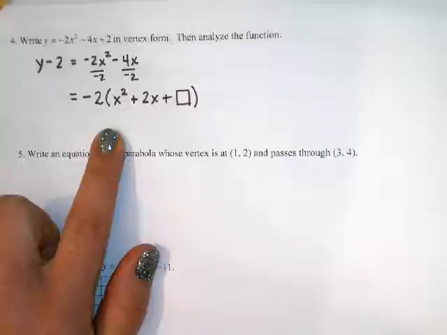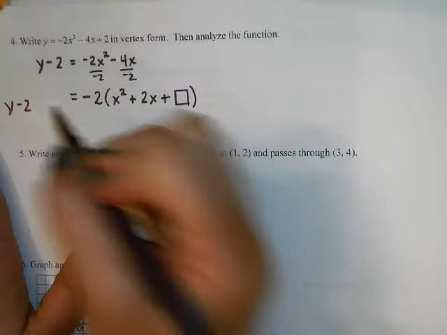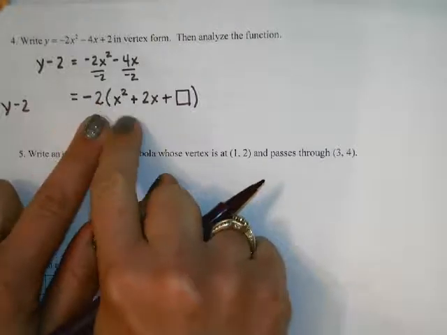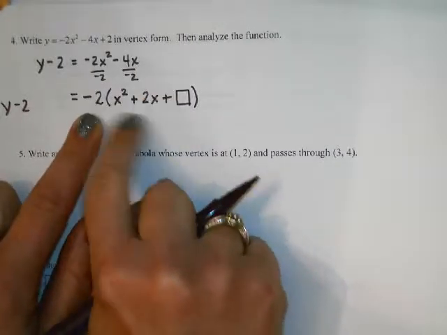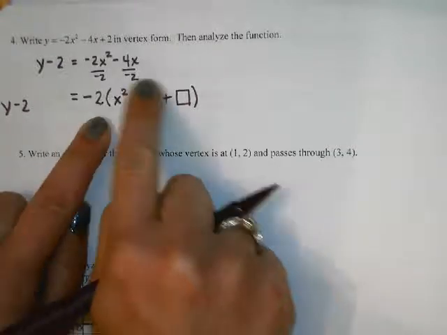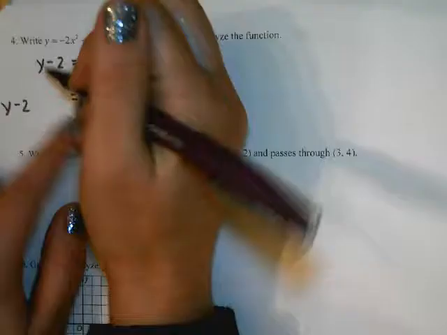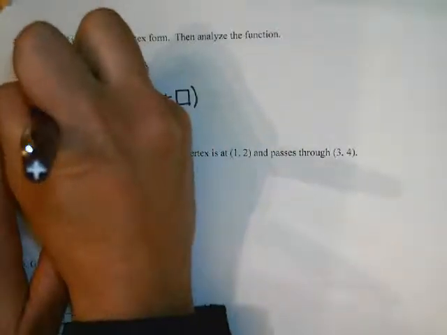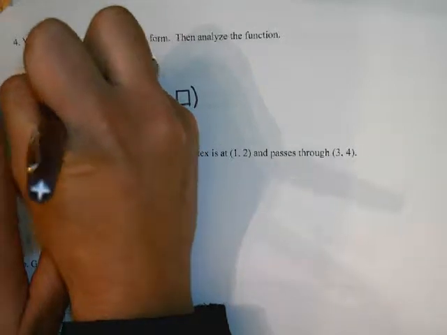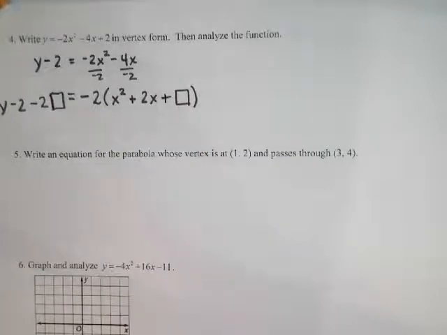Okay, well, let's talk about the left-hand side, though. I have a y and a minus 2. But if I were to FOIL this guy back out, or distribute, I would have negative 2x squared minus 4x, and then negative 2 times this box. So to preserve equality, I have to have a negative 2 times this box. So, let me see if I have another colored pen.